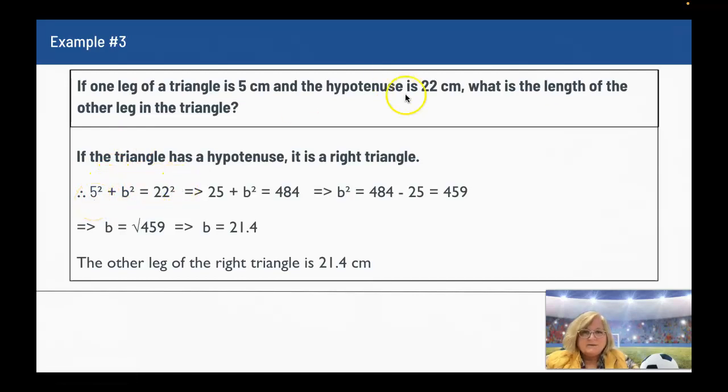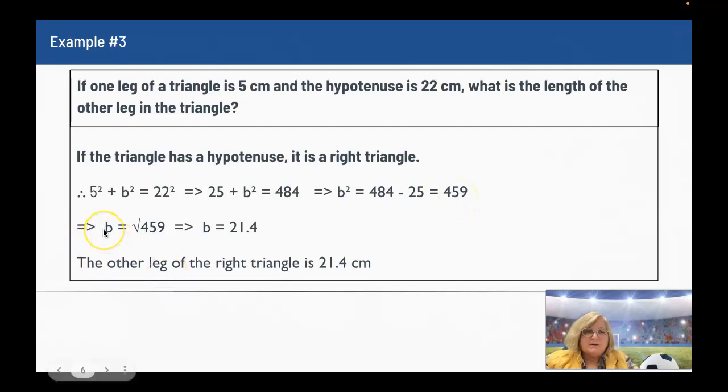The hypotenuse is 22 centimeters, so I put that in for the c. I'm looking for b squared. So 5 squared is 25 plus b squared equals 22 squared, which is 484. I want the b squared alone because I want to solve for b. So I subtracted 25 from both sides and I get b squared equals 484 minus 25, which is 459.